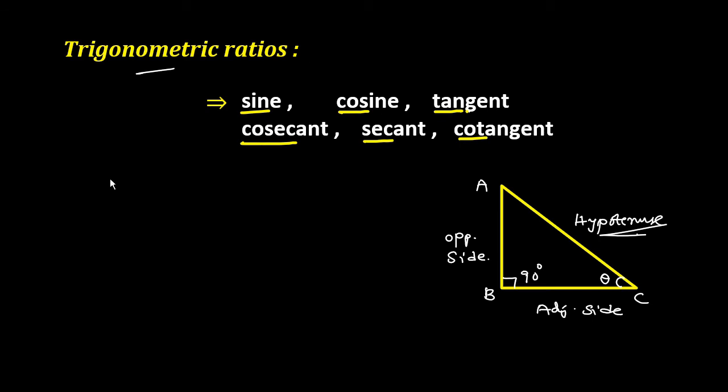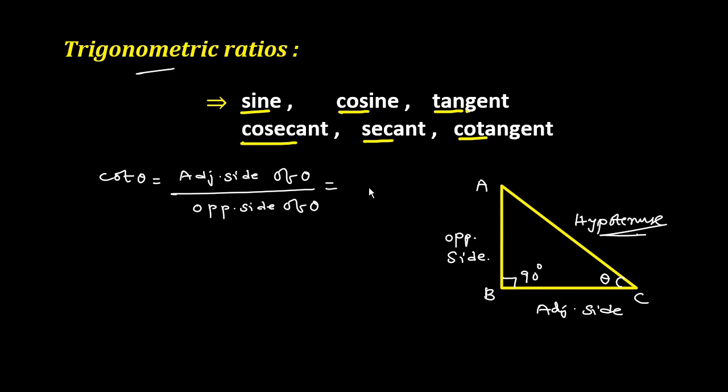Next trigonometric ratio, cot. Cot is the ratio of adjacent side of theta and opposite side of theta. So cot theta equals adjacent side of theta divided by opposite side of theta. Adjacent side of theta is BC divided by opposite side AB.